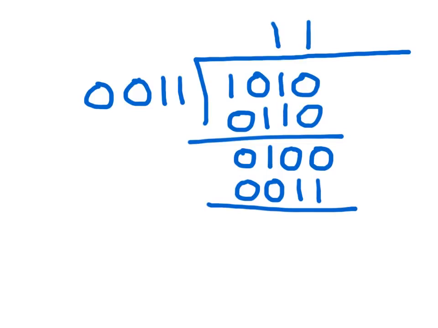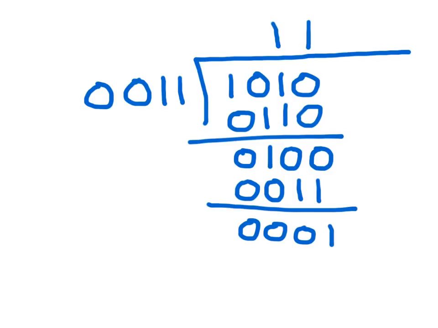And if we subtract, well, now we have to do some borrowing, or we can just be smart about it and know that 4 minus 3 is 1, and so we can just write out the 1. And you'll see that the answer is 3 with a remainder of 1. That's how you do it. Now, I recommend that you practice this on your own with problems that you know the answer to, so that you can see how it works out.